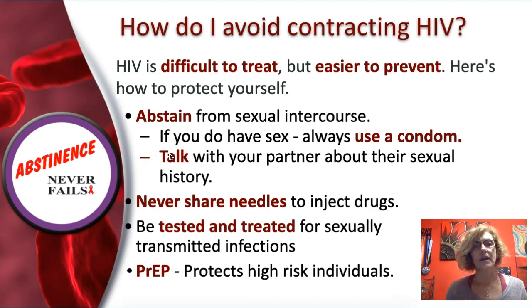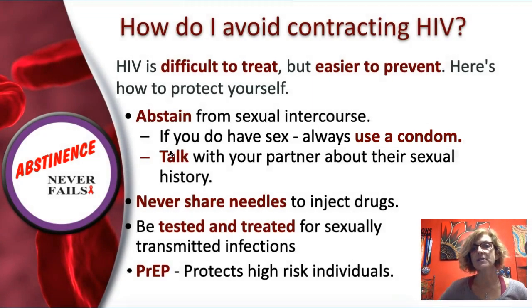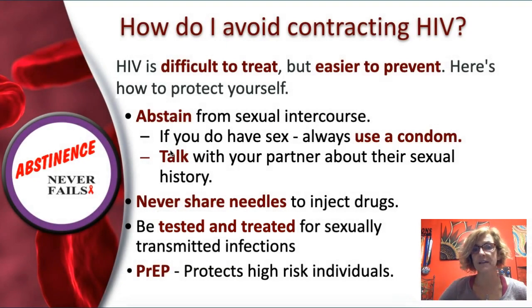So if you do have sex, always, always, always use a condom and use it properly. Talk to your partners about their sexual history, because remember, whoever they've had sex with, you're indirectly having sex with that person as well. Never share needles or inject drugs, and always get tested and treated for sexually transmitted infections.